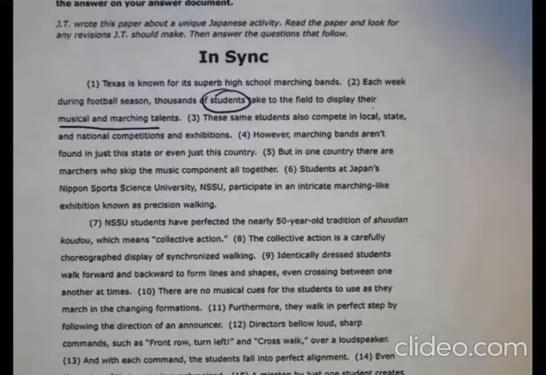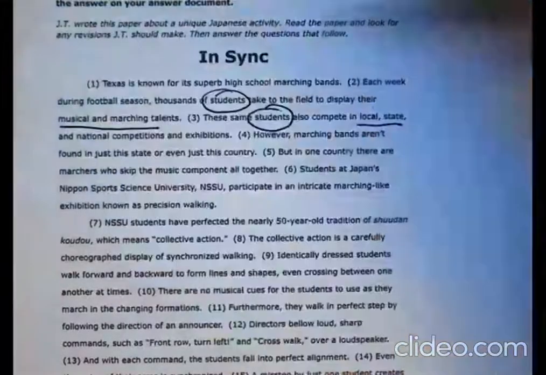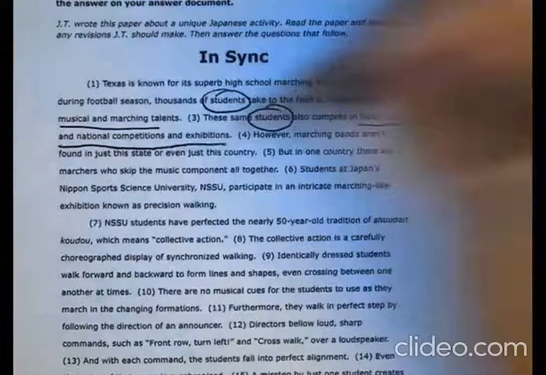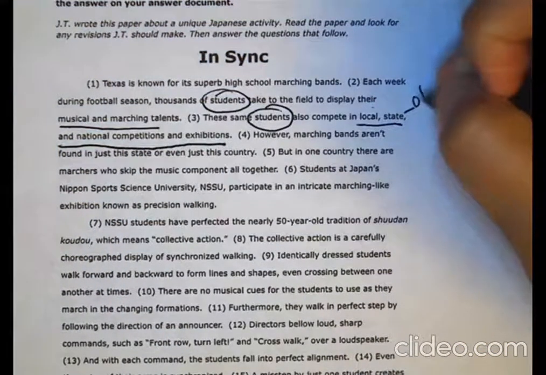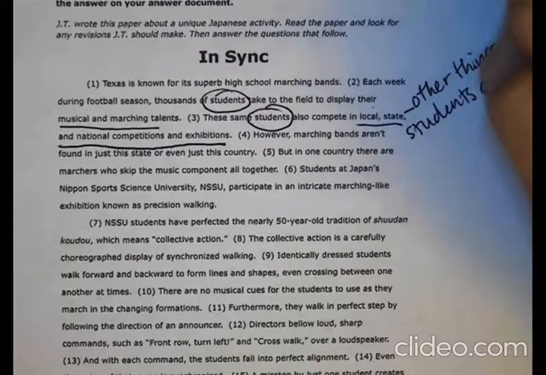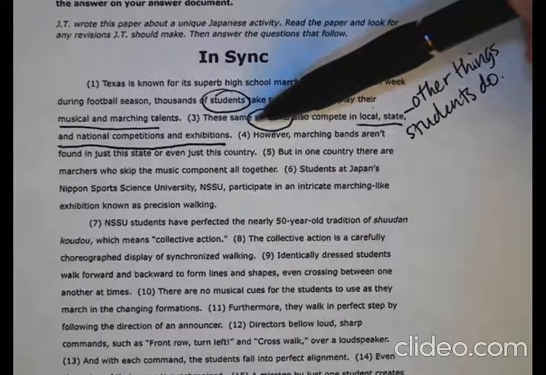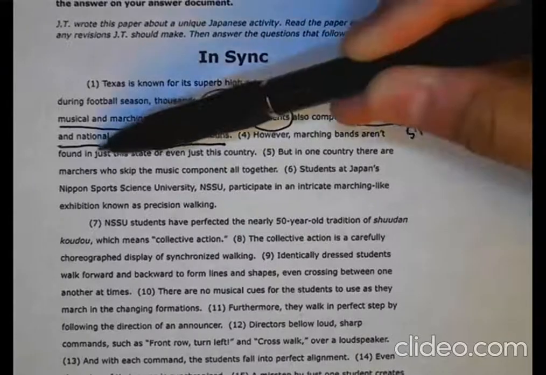Okay, so here we have again students in sentence 3, and then they say how they compete in local, state, and national competitions and exhibitions. This is other things students do. So for me, it feels like it meets the requirement for the also. But we still need to go further, right? It says, however, marching bands aren't found in just this state or even just this country.